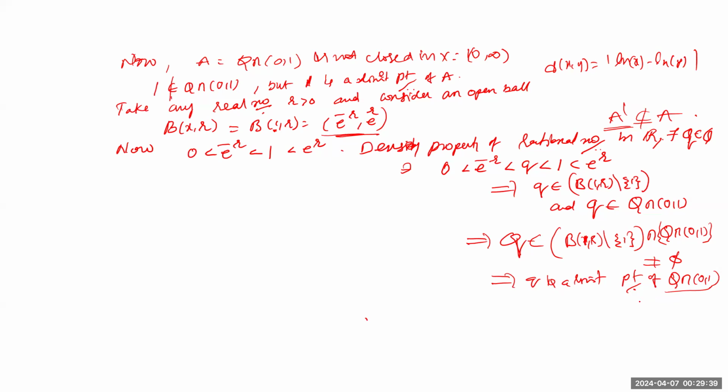But that is not a member of the set Q ∩ (0, 1). So that implies Q ∩ (0, 1) is not closed with respect to the metric.